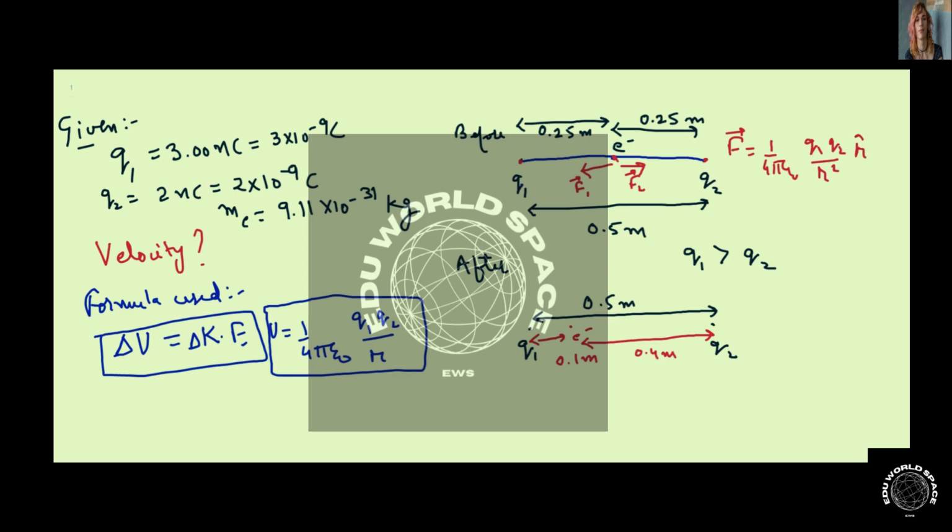R is the same, 0.25 meter, 0.25 meter, and q1 is this charge which is 3 nanocoulomb, and q2 is 2 nanocoulomb, and the electron charge is 1.6 into 10 raised to minus 19 coulomb. So let me write the electron charge too: the electron charge is 1.6 into 10 to the minus 19 coulomb.